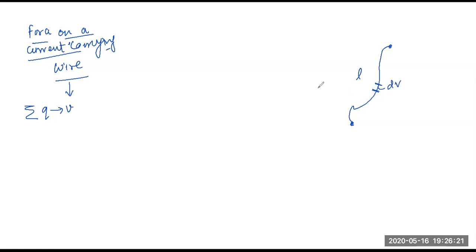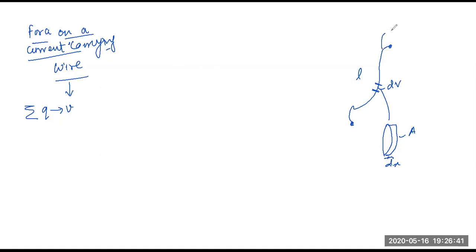Because remember, when we defined current, we took that as A into dx. If you magnify it, it looks something like this. You have taken a cross section, which has an area A and width dx, correct? And A into dx is dV.